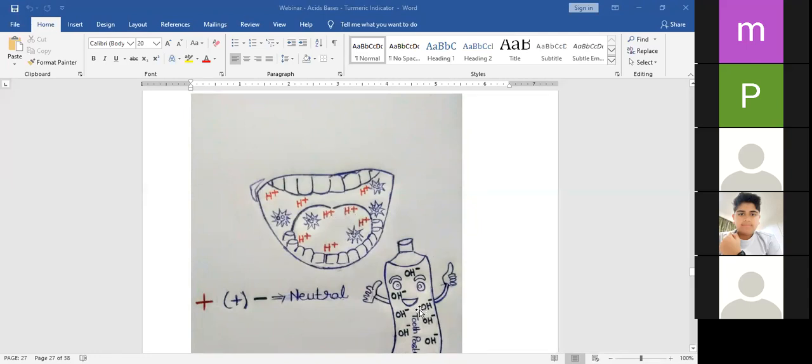Now, if you use a paste that is basic in nature, it will neutralize. That means it will cancel out. And when it's neutral, there is no more acidic environment in your mouth. And that's why you will not have problems of a decaying tooth, or germs, or even the corrosion of the teeth. So now you know how neutralization happens.